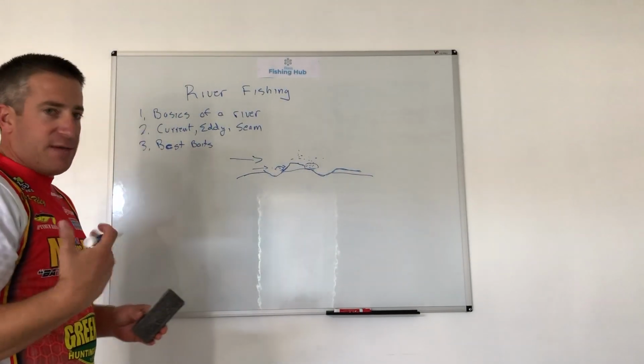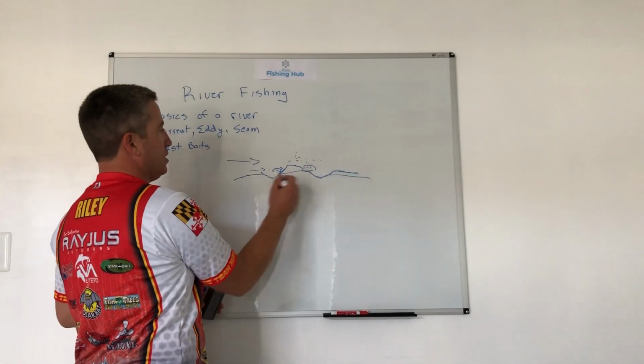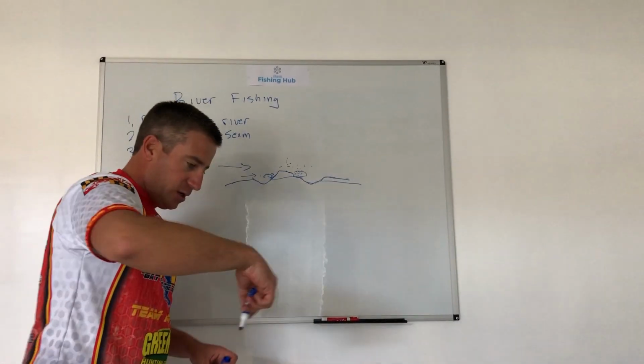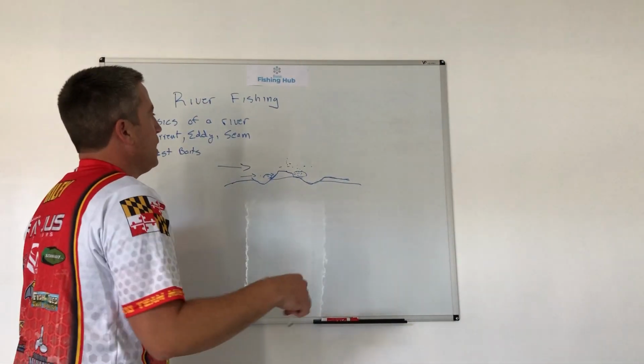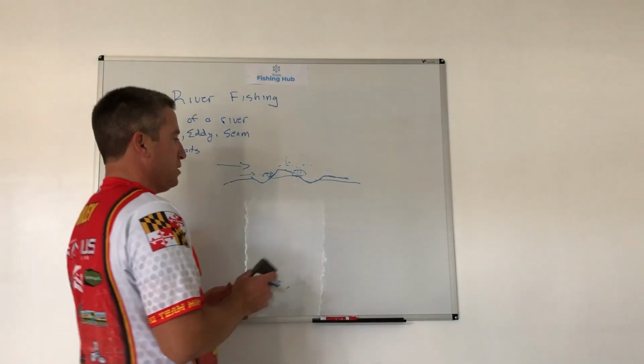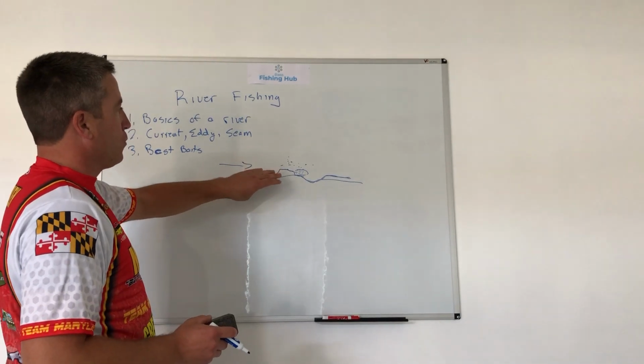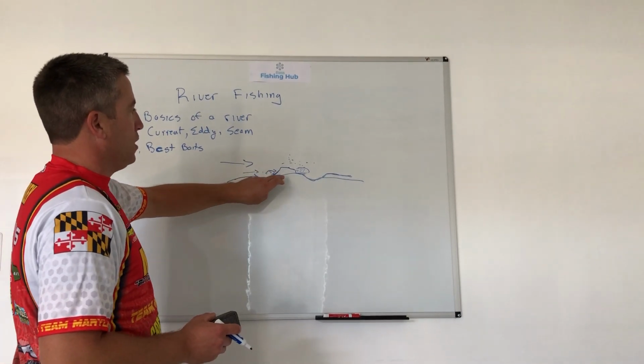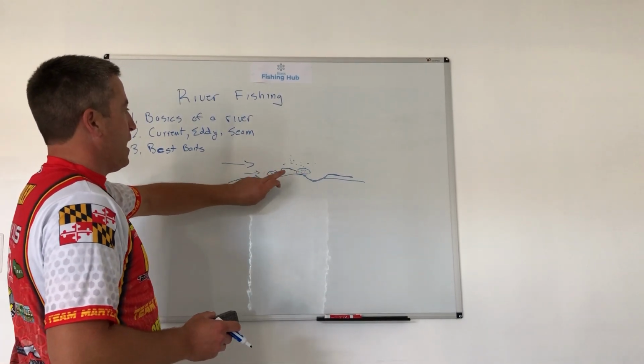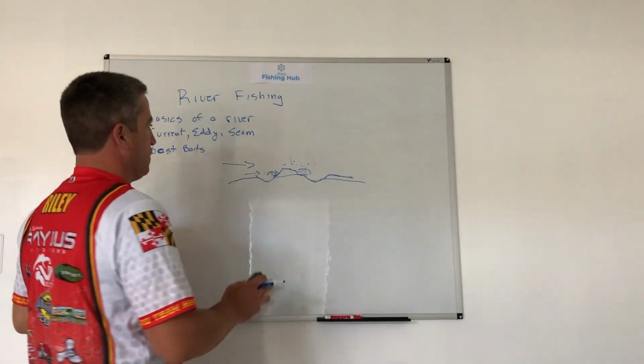When heavy rains and heavy current come, it digs out almost like a mushroom or donut around the actual piece of structure. So it's very important that when you have a rock or anything like that, you remember you've got fish on the back side as well as the front side. Don't ever forget the front side.